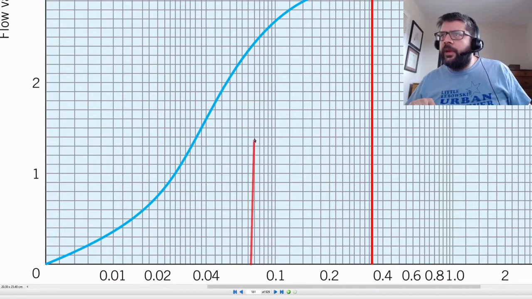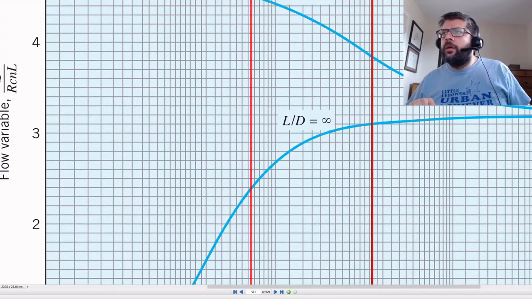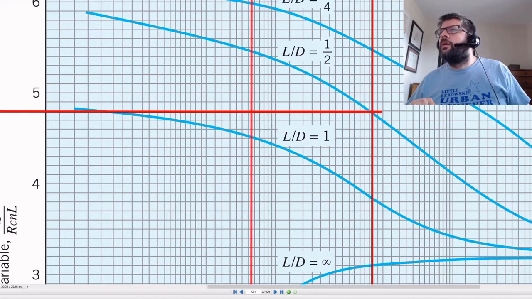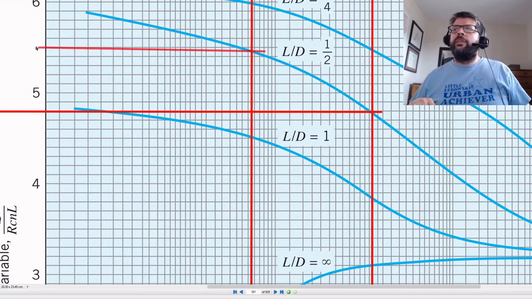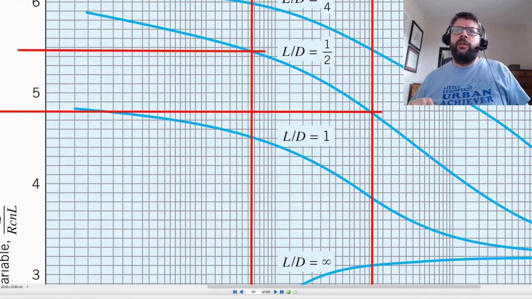We're looking at about right here, and we're crossing the line there. 1, 2, 3, 4, 4.5. So now let's say 5.5 just to round off a little bit.